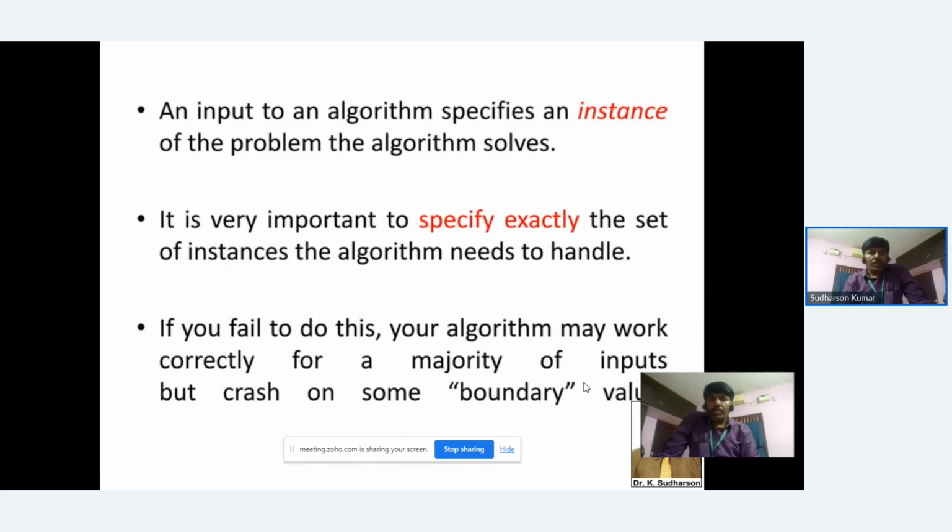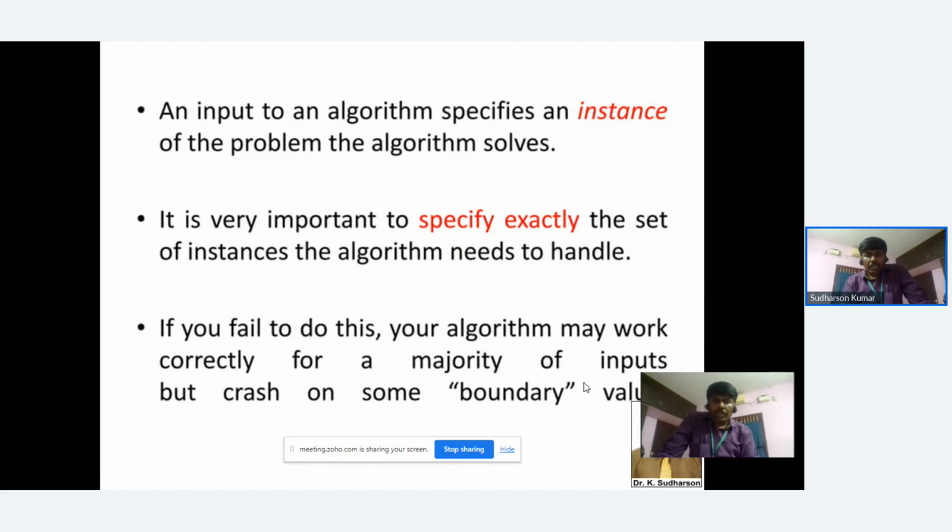An input to an algorithm specifies an instance of the problem the algorithm solves. Also, it is very important to specify exactly the set of instances the algorithm needs to handle. If you fail to do this, your algorithm may work correctly for the majority of inputs but crash for some boundary values.